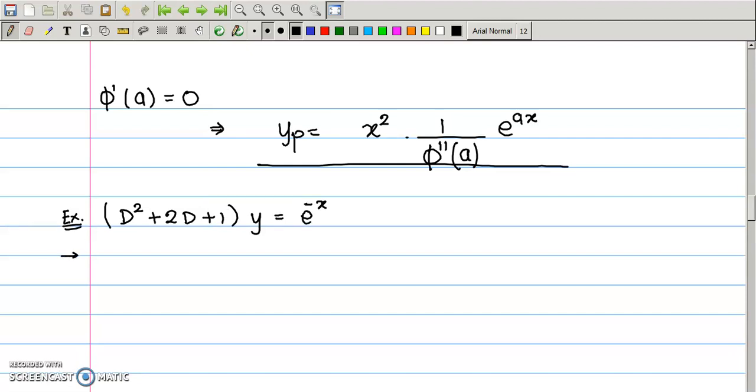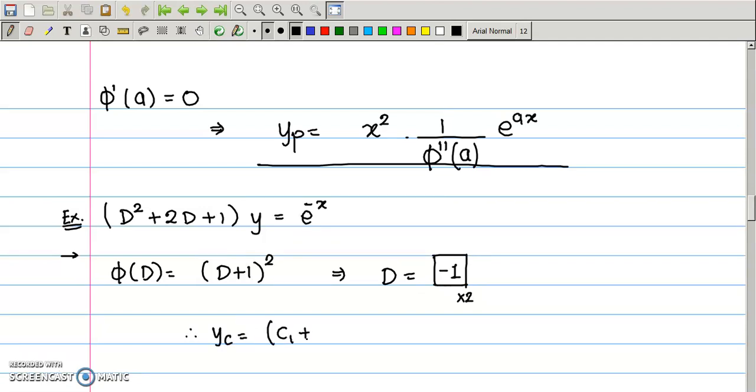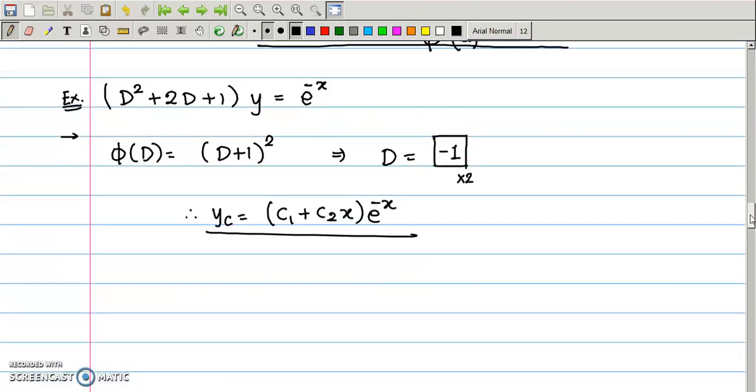Here the auxiliary equation is d plus 1 bracket square. This implies we have a repeated root minus 1 which has multiplicity 2. Therefore your complementary function will be c1 plus c2x into e raised to minus x.